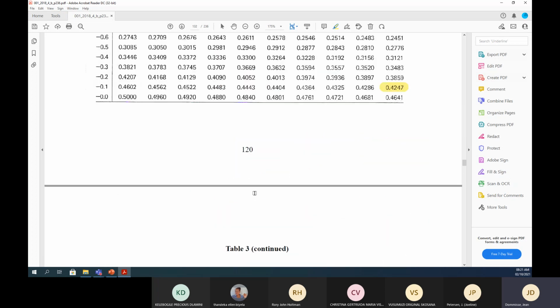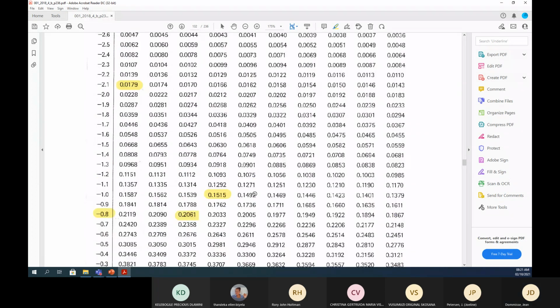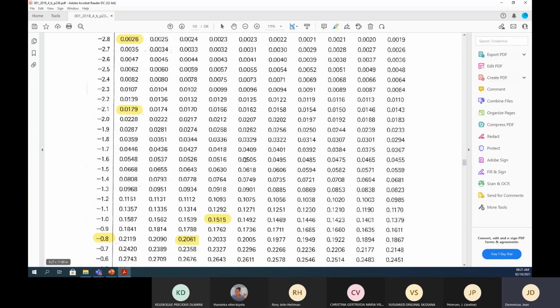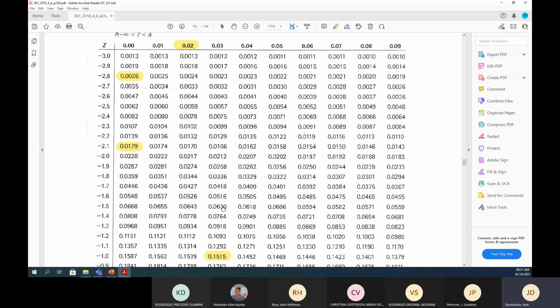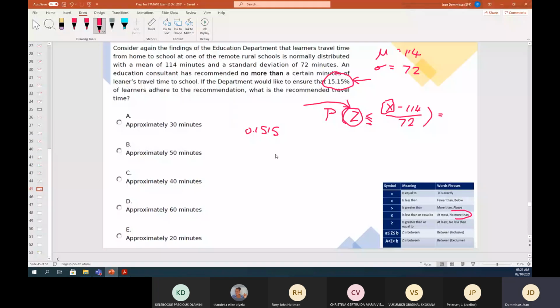Or you can use the negative table and just rewrite it as a positive. So 0.1515 is then 1.03. Okay, so we can rewrite that as 1.03.